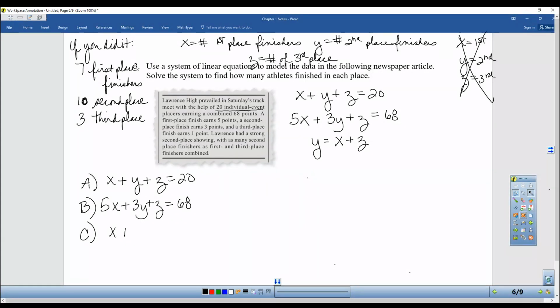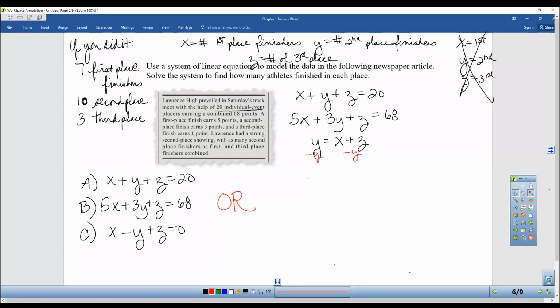X minus y plus z is equal to 0, meaning I could subtract y from both sides, and then I have 3 nice normal looking equations. And then you could use the system that we used before where you start with 2 equations and then 2 more and you put it all together. Some people really like that.